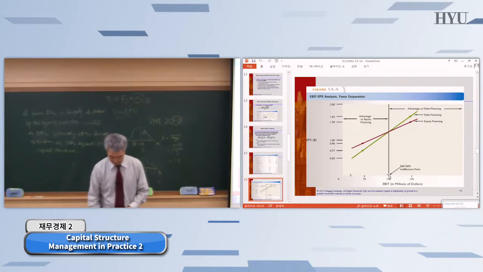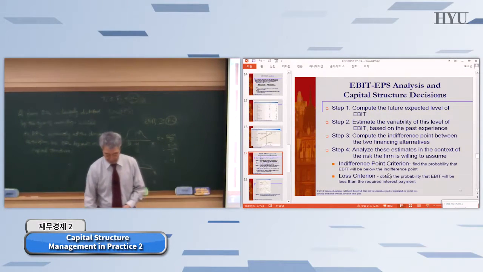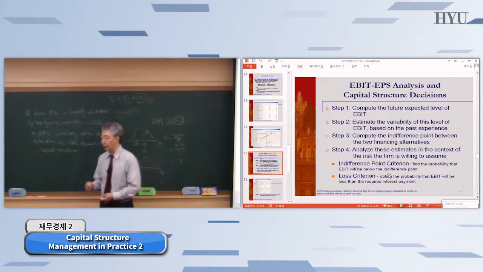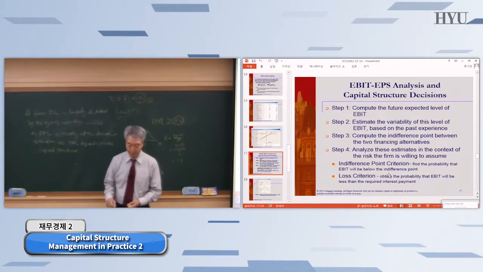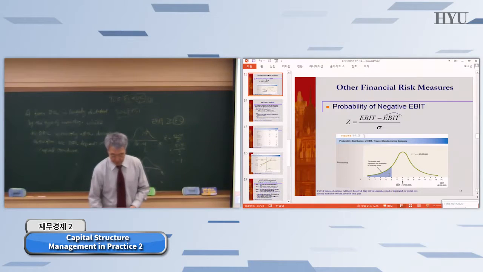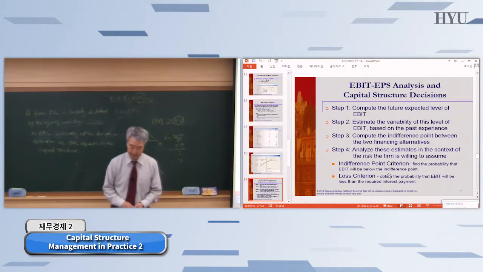All right. Well, so let's put these things together, right? EBIT-EPS analysis, and previously we looked at, what do we call that? Loss analysis, the negative EBIT or probability of loss analysis, right?